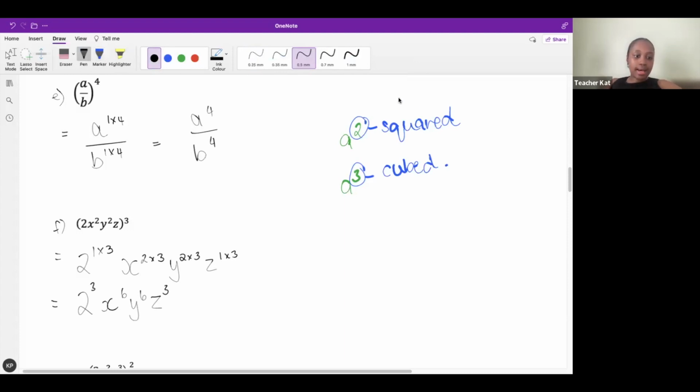Wonderful. Now, let us simplify my 2 cubed. What's 2 cubed? How much is that? 2 cubed means 2 times 2 times 2. So my answer is 8. Nice. Thank you. 8 times x to the power of 6, y to the power of 6, z to the power of 3.